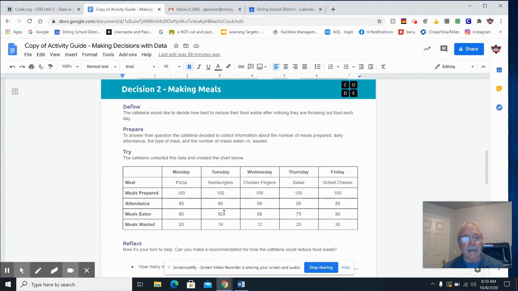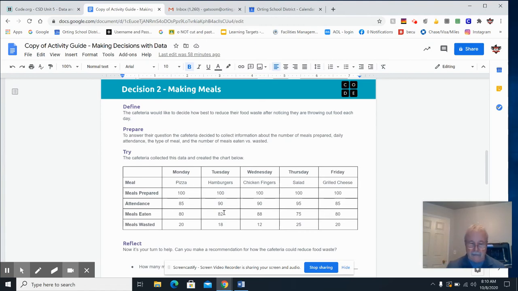The cafeteria collected the data and created the following chart. Meals: pizza, hamburgers, chicken fingers, salad, and grilled cheese on particular days, with the meals prepared, the attendance, the meals eaten, and the meals wasted.